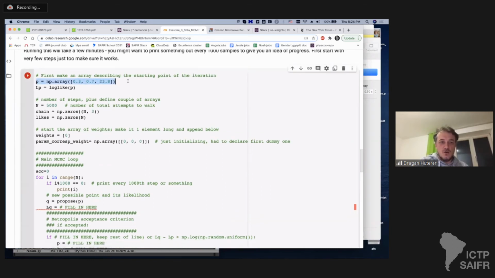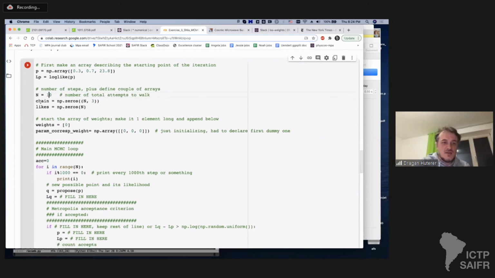All right, some of these initializations you don't want to suffer through. So this is the parameter array to start with. But the main thing here was my declaration that it's going to be an array with 3 elements. And these are initial values. You see, I remember this is ln of p. I'm going to just do 10 steps initially, and then later 10,000, etc. And then this is going to be chain.